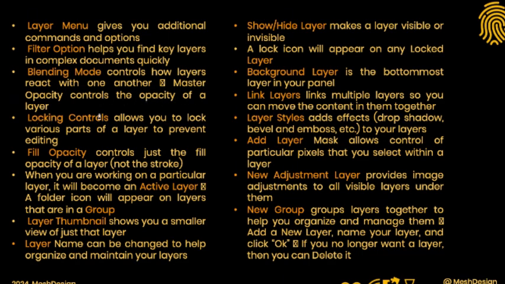And then locking control allows you to lock various parts of the layer to prevent editing. So anytime you want to prevent a particular layer from editing, you use the locking control. And then the fill opacity controls just the fill opacity of the layer, not the stroke.